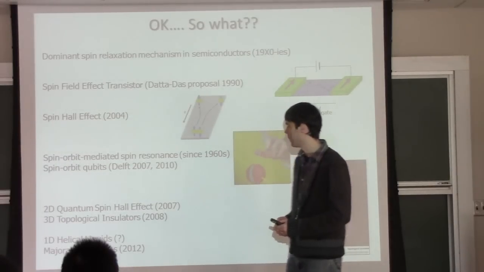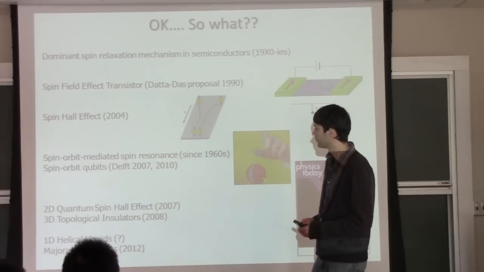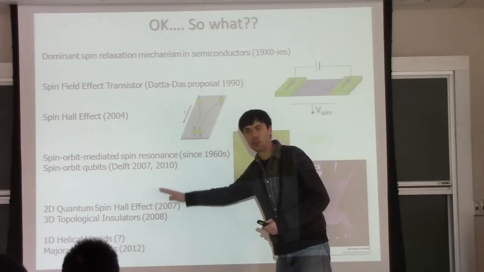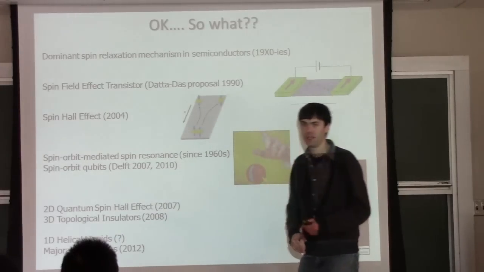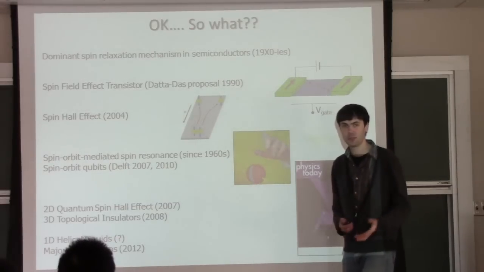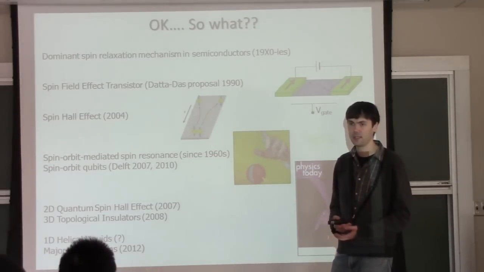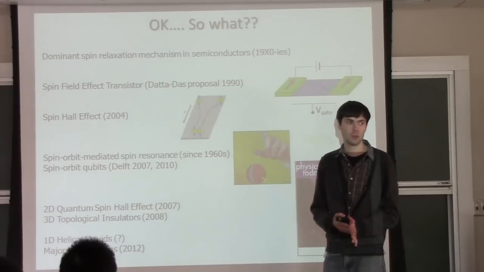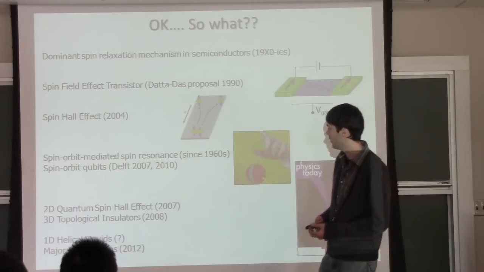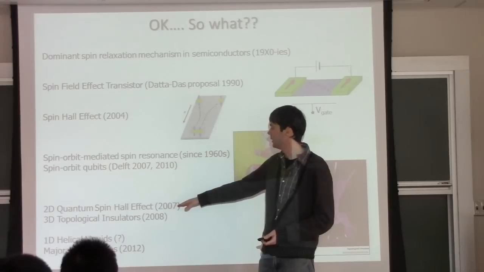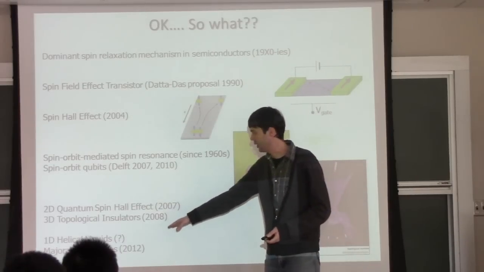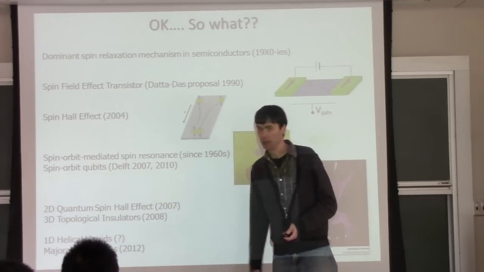And finally, this is sort of the new era, the latest developments that involve topological states and topological phases in condensed matter physics and in quantum transport. So now we have quantum spin Hall effect. We have topological insulators. We have Majorana fermions.